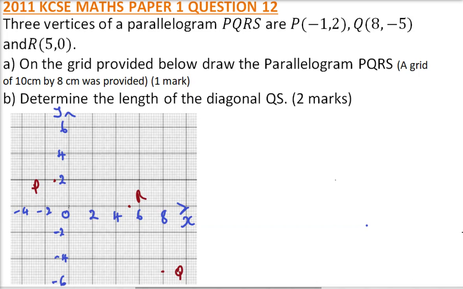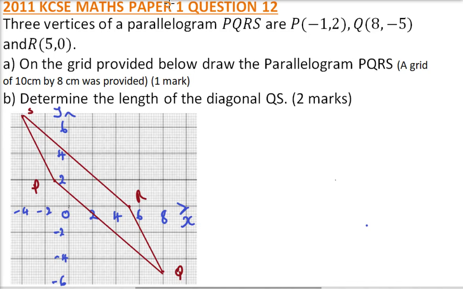So we move 3 units up to where we have 4, and 5 units, 1, 2, 3, 4, 5. So S is there. With those 4 points, we can join and come up with a parallelogram. So this is the parallelogram that we have come up with.